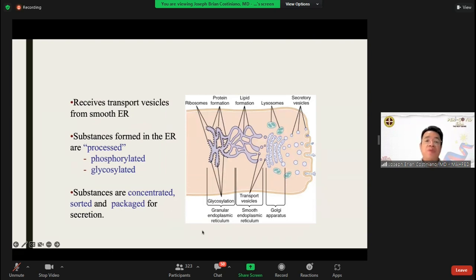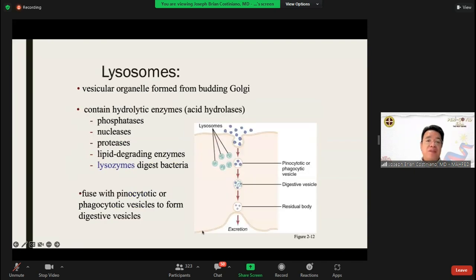So, it will receive the vesicles from the smooth ER, and then these substances are processed. So these processes could be either phosphorylation or glycosylation. So these substances, para siyang Lazada or Shopee transport center, no? Concentrated, sorted, and packaged for secretion dito sa Golgi apparatus.